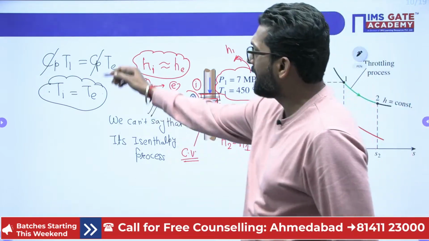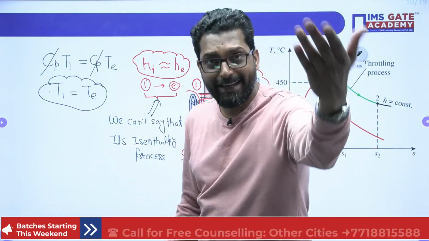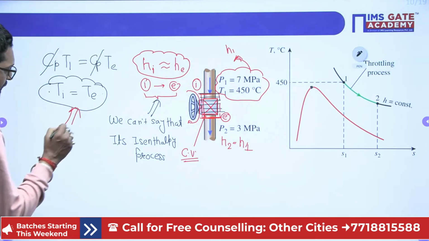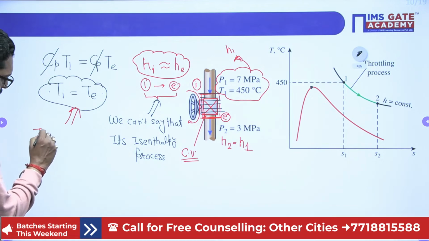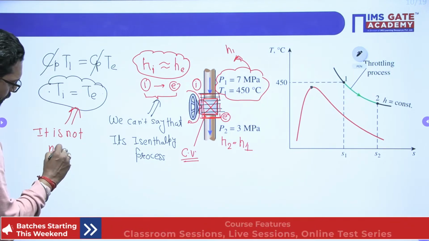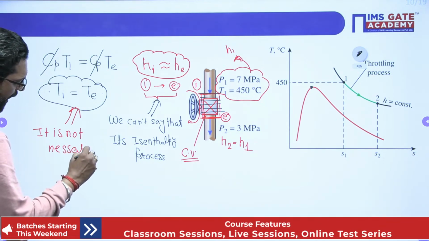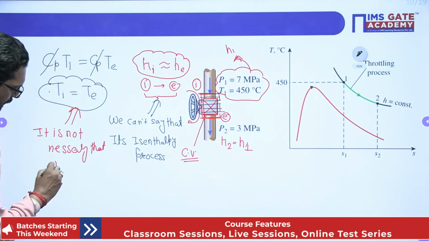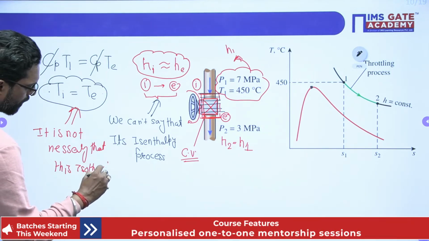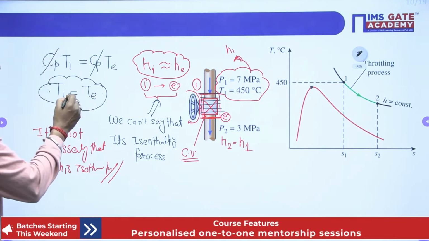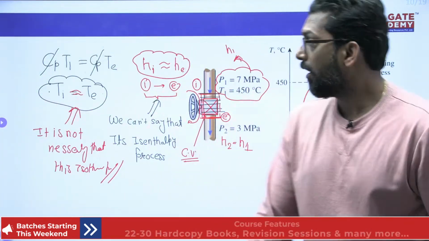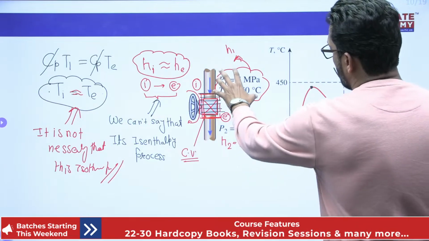But if you throttle the ideal gas, the inlet temperature is the exit temperature. That does not necessarily mean these are isothermal processes. Why? Because we cannot say that this is the isenthalpic process. So we have to state first.